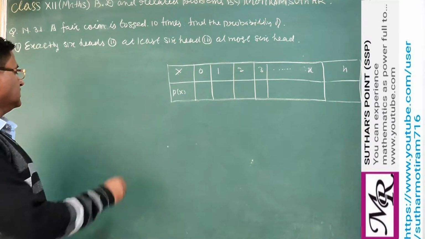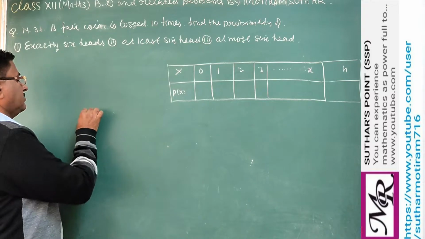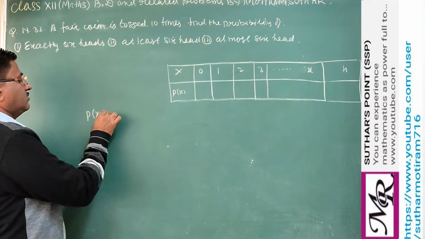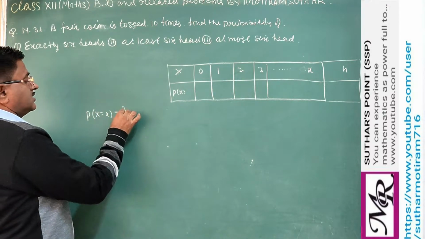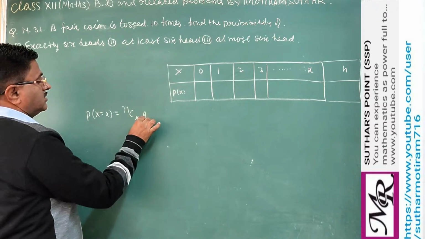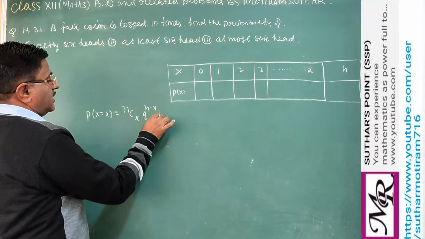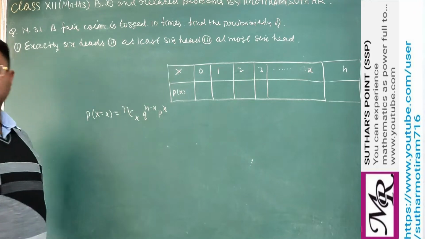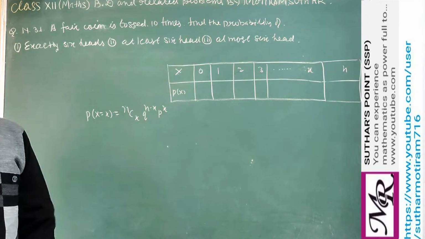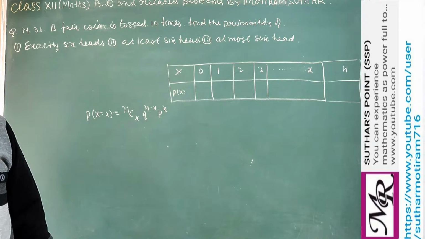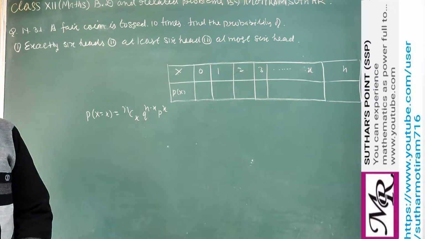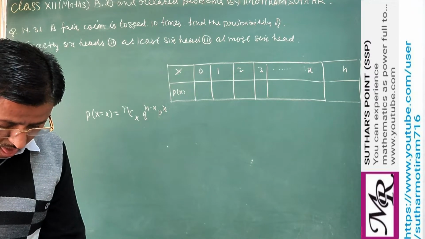We discussed in the previous class that the probability of X equal to x is nCx q power n minus x p power x. So this is similar to the general term in the binomial.